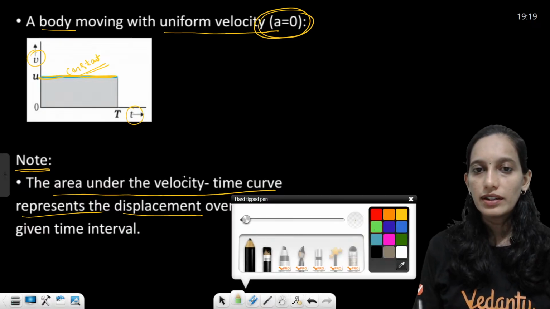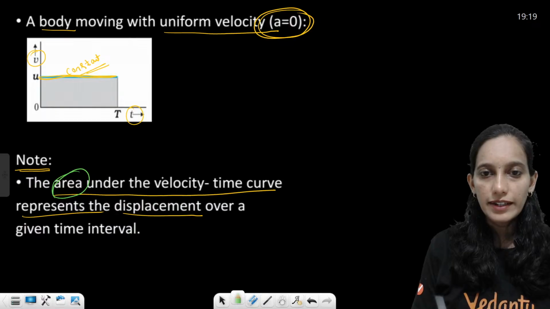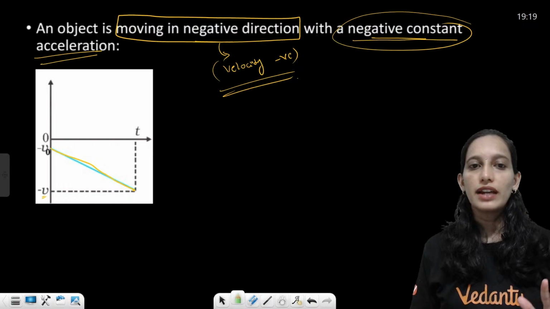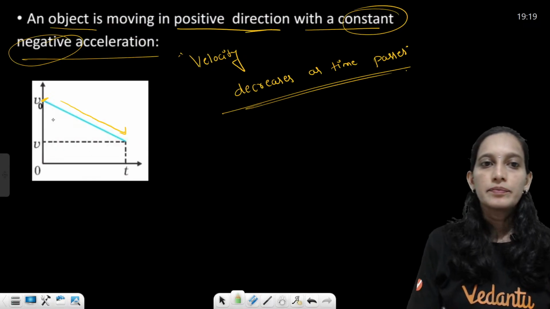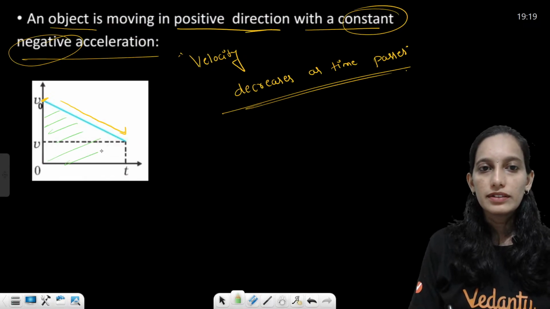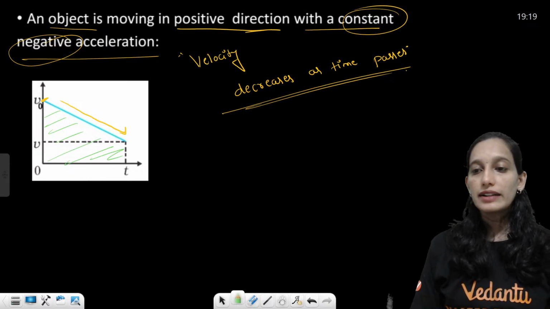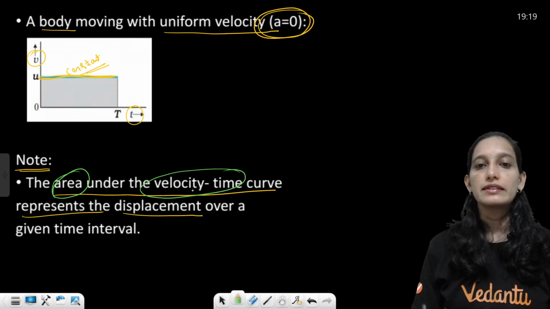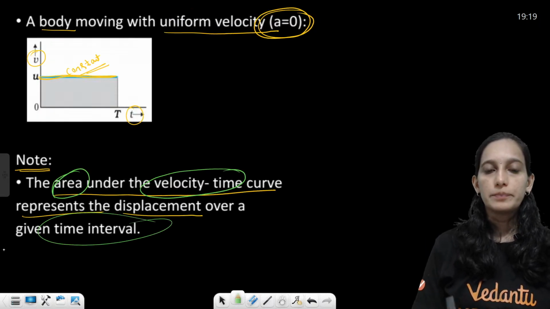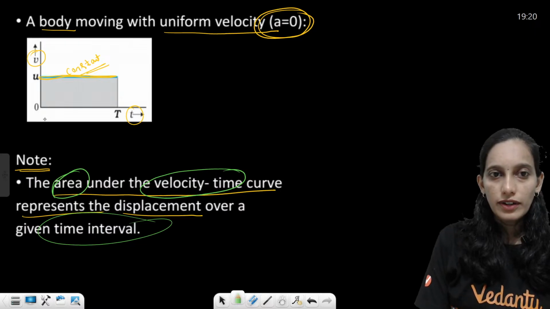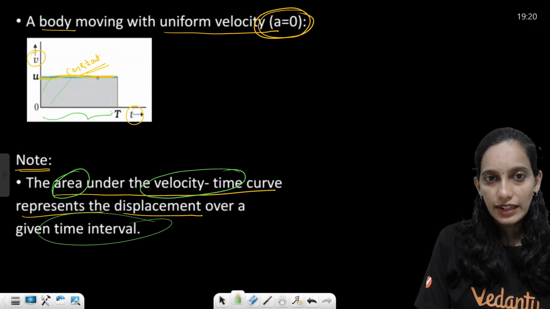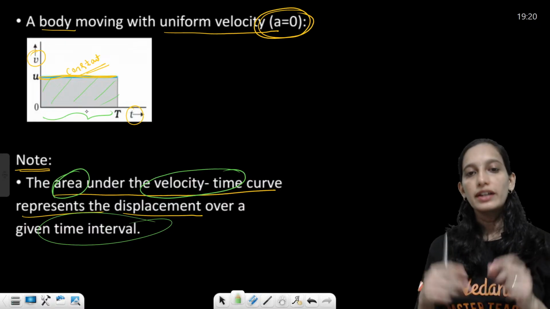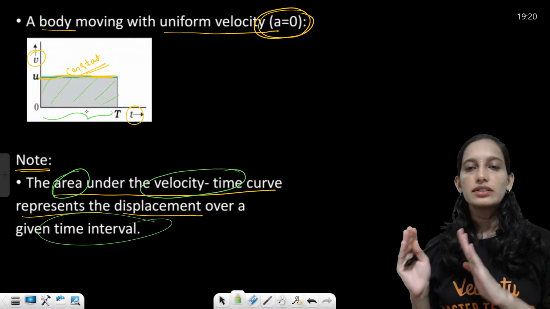So what are we saying: if we find out the area under the v-t graph, take any previous velocity time graph, if you find out this area, that is going to give us the displacement of the particle in the given interval of time. So if you take this graph from 0 to t and consider this area, that is going to give us the displacement. Area under the v-t graph gives us displacement.